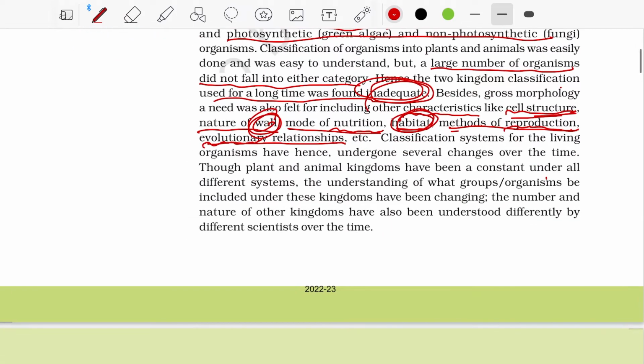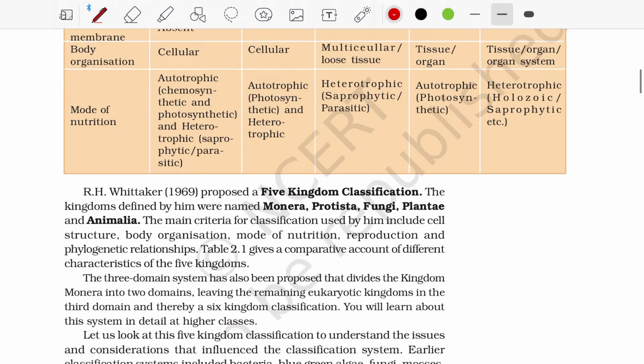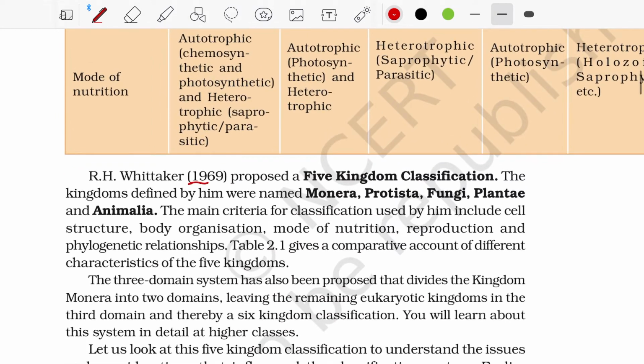Just a general feature. Then, in 1969, R.H. Whittaker was the next person who classified organisms into 5 kingdoms. This is really very important. This 5 kingdom classification is the first step of a specific level of classification.